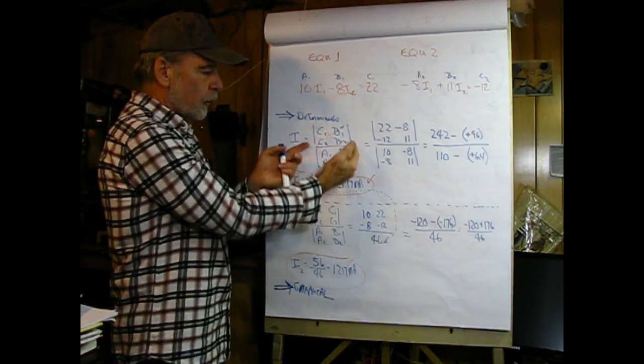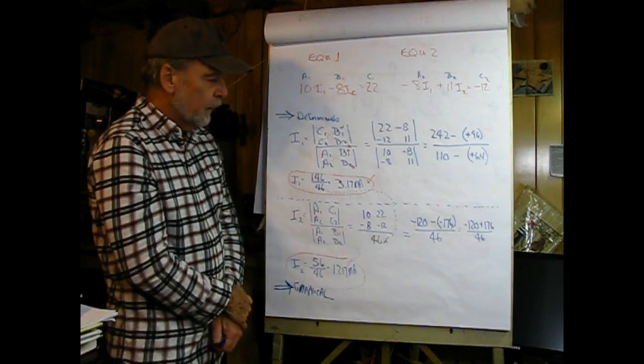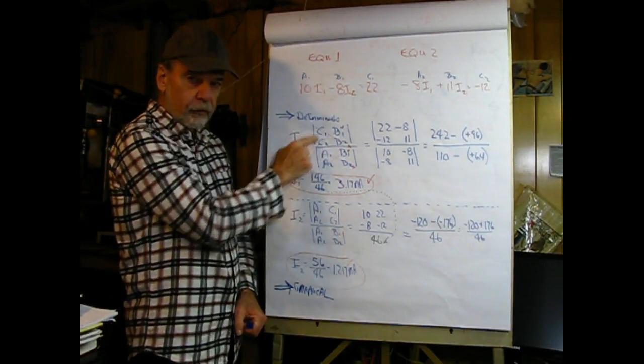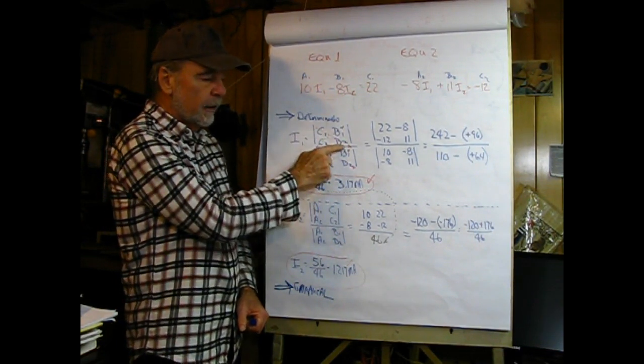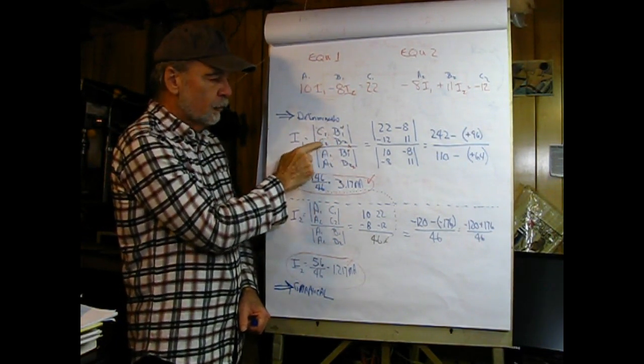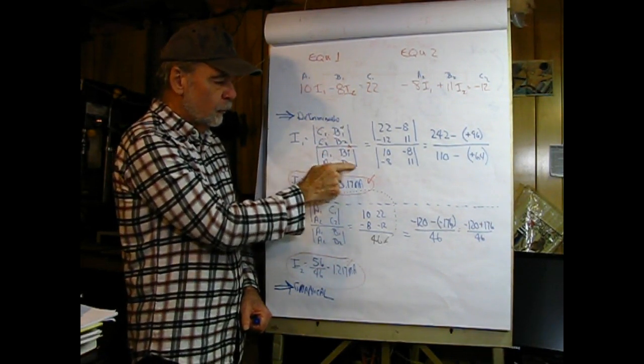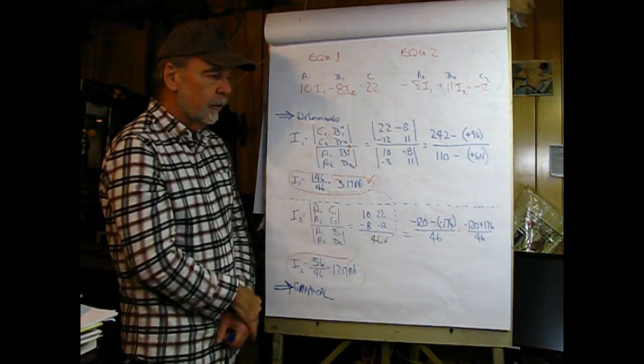The two lines here mean that this is a determinant, and what's going to happen is we multiply these two together and subtract the product of these two, both in the numerator and in the denominator.